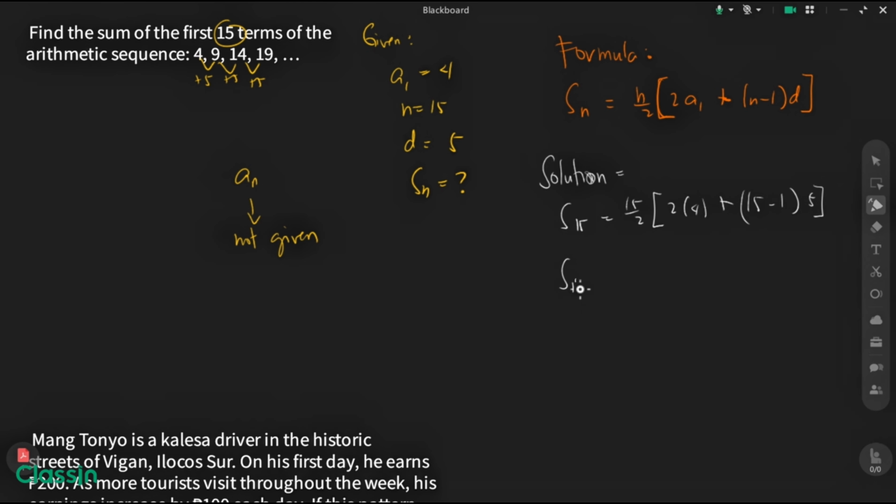So S sub 15 is equal to 7.5 times 8 plus 14 times 5.